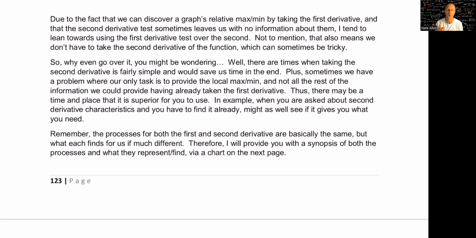We can just test one point, our critical value. And also recall that although these are very, very similar, hence the names, first derivative test and second derivative test, you got to know the difference between the two and what you are using and what it's finding for you. Just because they're almost the same doesn't mean it finds the exact same things for us.